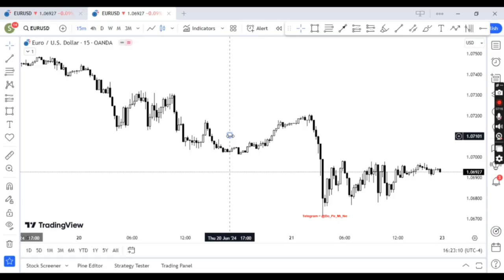With that in mind, you can straight away expect a ranging profile, and as I said before, after a ranging profile the only two possible outcomes are either a manipulation profile or an expansion profile, right? Then you can integrate these market profiles and opening times with other concepts such as the key levels concept and CRT, and then you can position yourself towards your drawn liquidity, right?